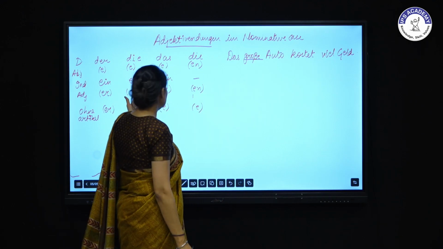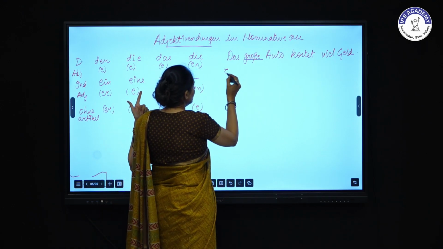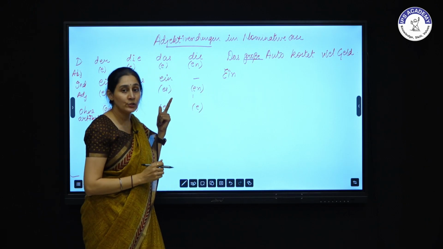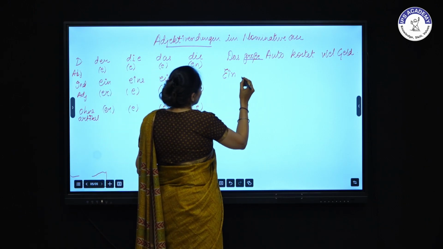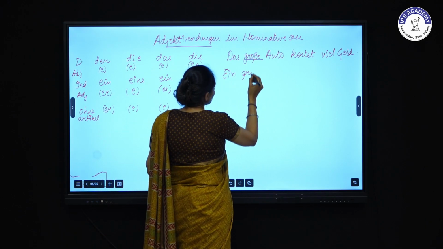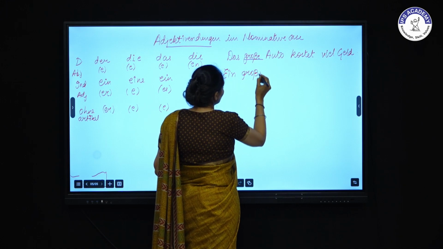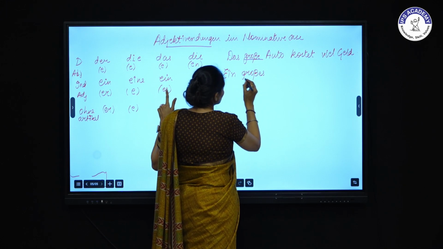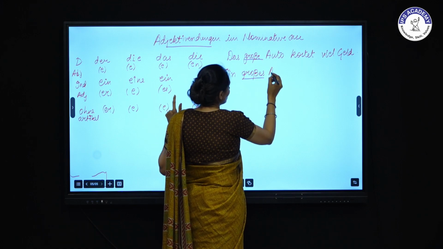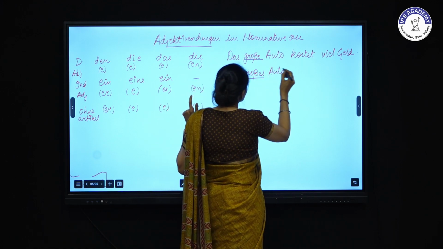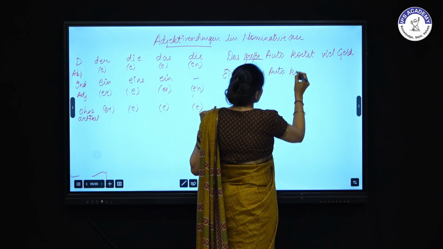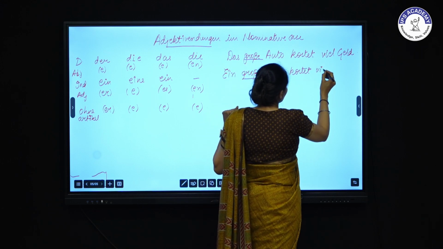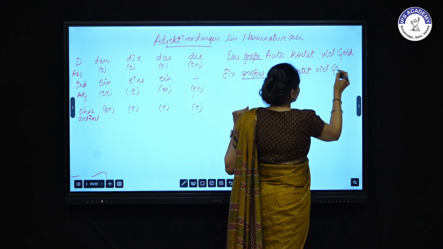The same sentence, if I use it with the ein, I'm going to change my ending with the adjective. How? Das große becomes what? In this we have es. So das großes Auto, ein großes Auto kostet viel Geld.